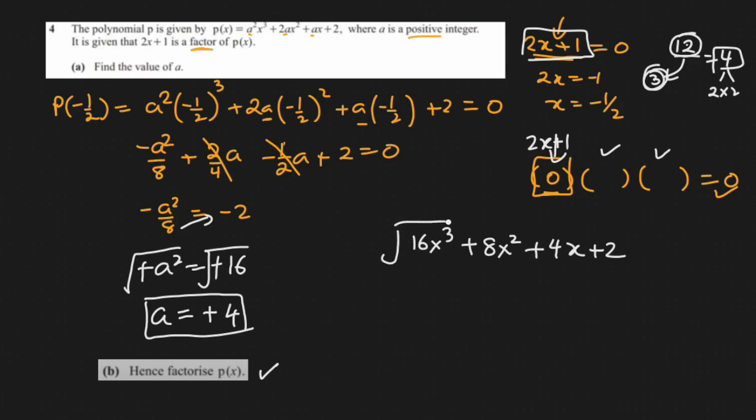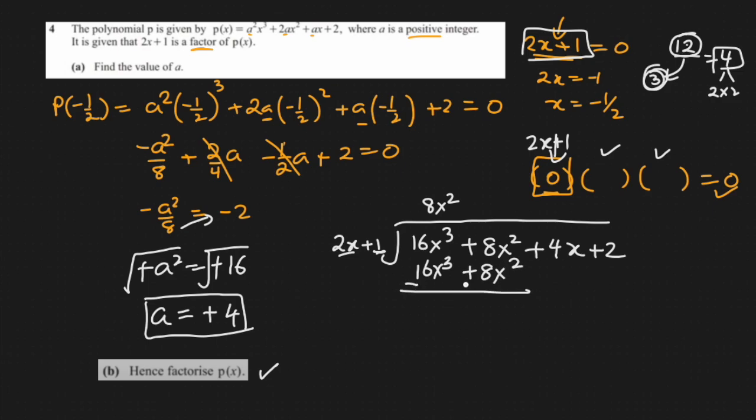I'm going to divide this polynomial by one of the factors we have, 2x plus 1. So 2x has to become 16x cubed, so we multiply with 8x squared. That becomes 16x cubed, but we can't only multiply 2x, we have to multiply 1 also. So 8x squared times 1 is plus 8x squared.